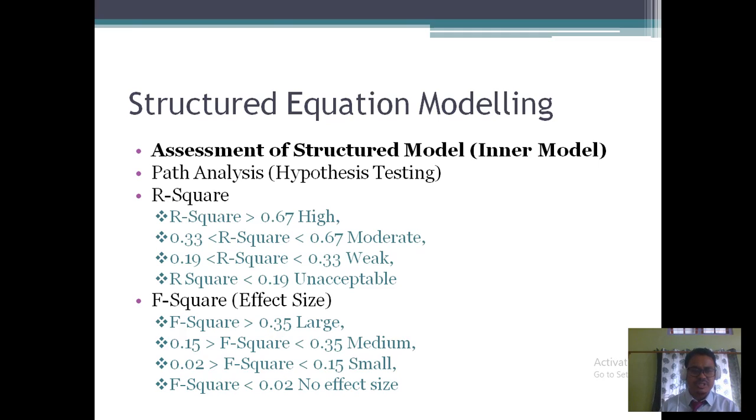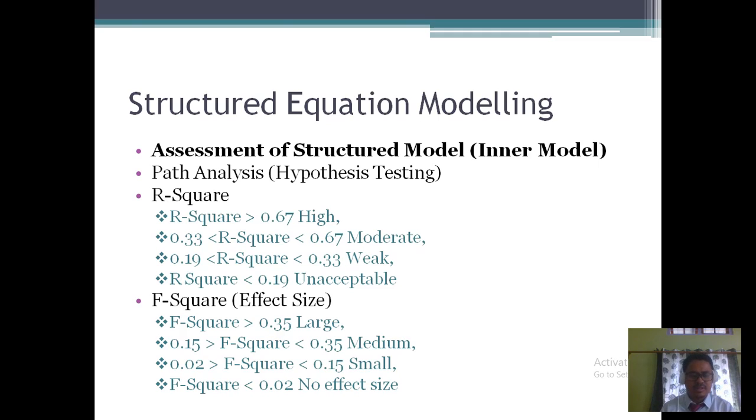As per specification, R-square value of 0.6 or higher is considered to be high. R-square value of 0.33 to 0.67 is considered to be giving moderate explanation of the variance, whereas R-square value of 0.19 to 0.33 is considered to be weak, and R-square value below 0.19 is treated to be unacceptable.